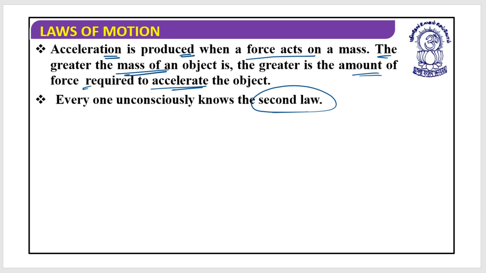Maybe we don't know the statement, we don't know the conditions, but we know that if force is acting on an object, then the object must accelerate, and if the object has a higher mass, I require a higher amount of force to accelerate it. Is it clear?